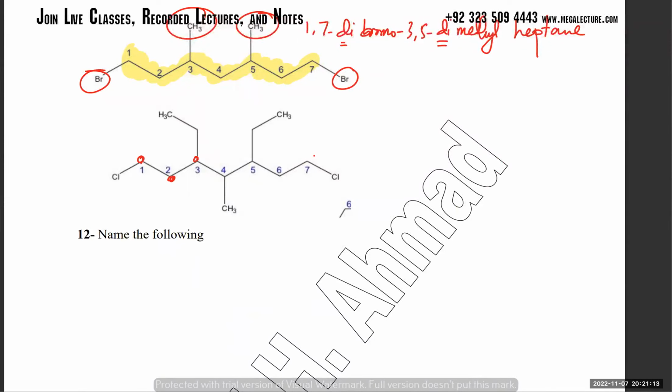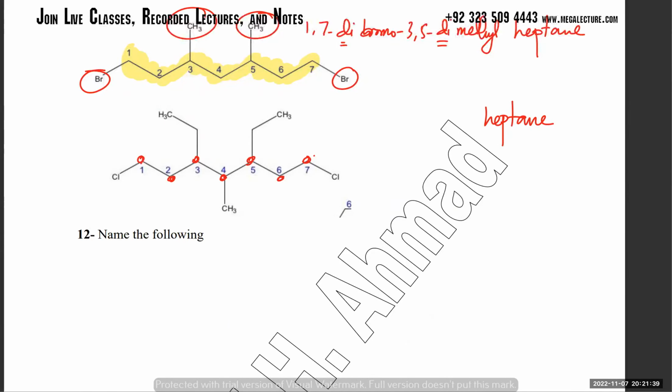अच्छा फिर ये कि 1, 2, 3, 4, 5, 6, 7 carbon atoms. Again, this one is heptane. सर ये वाला ट्राई करूँ? हाँ बता दो. सर ये होगा 1,7 डाइक्लोरो.